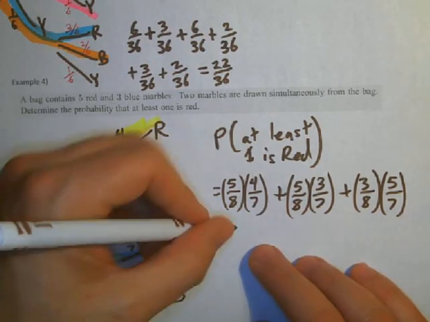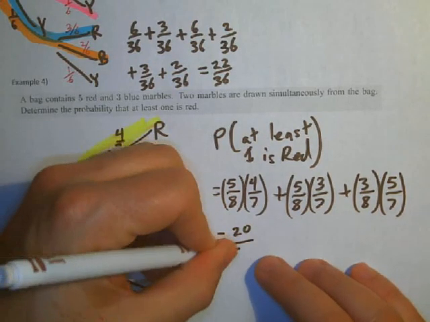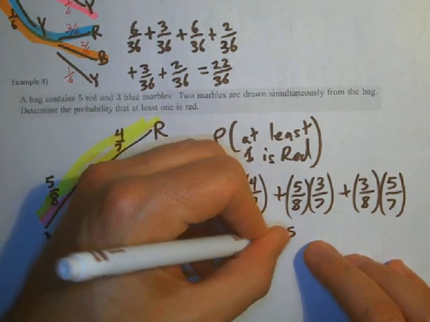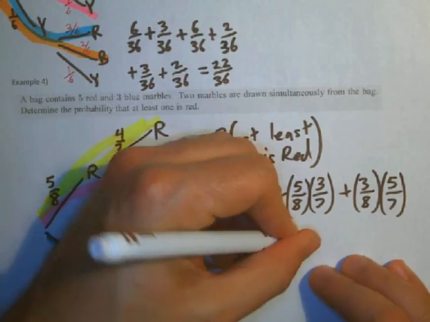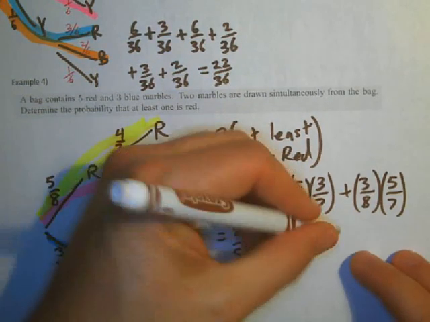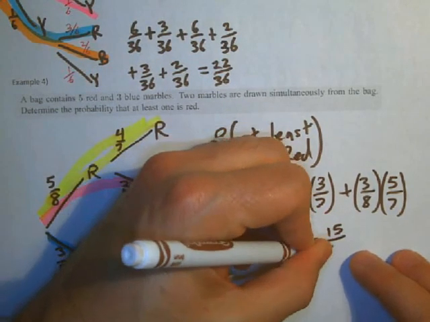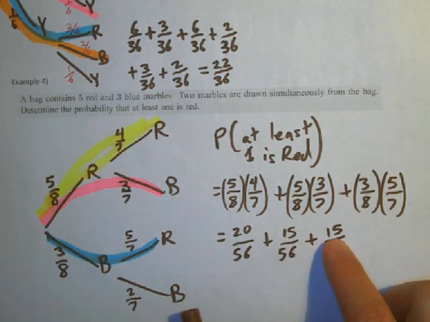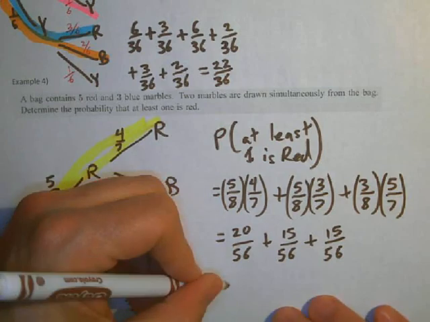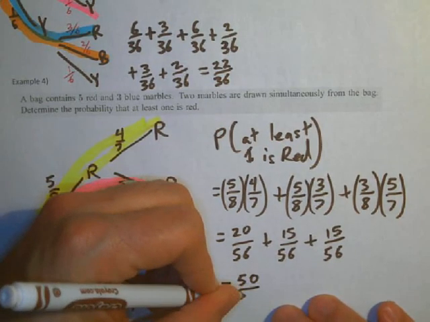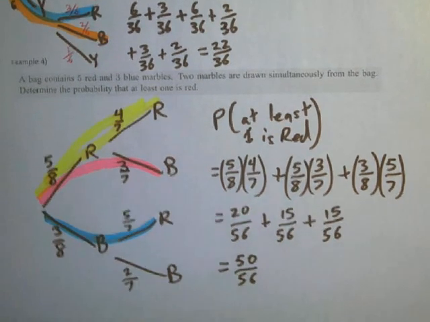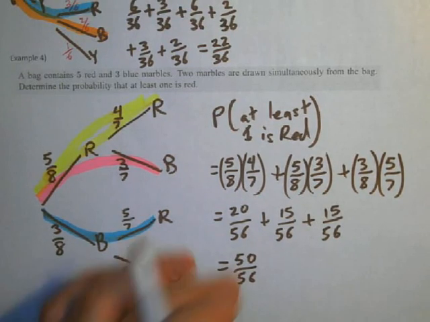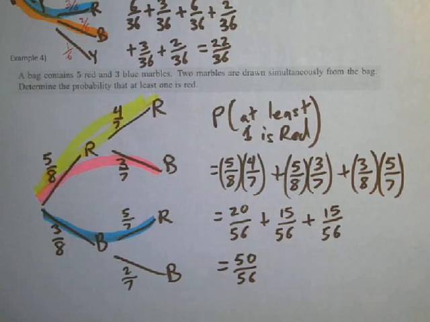We got 20/56, 15/56, and 15/56. All right, 15 and 15 is 30, plus 20 is 50, so I've got 50 out of 56 as the probability. And remember, probability is always less than 1. So when you're doing probability, you have to get a fraction less than 1.